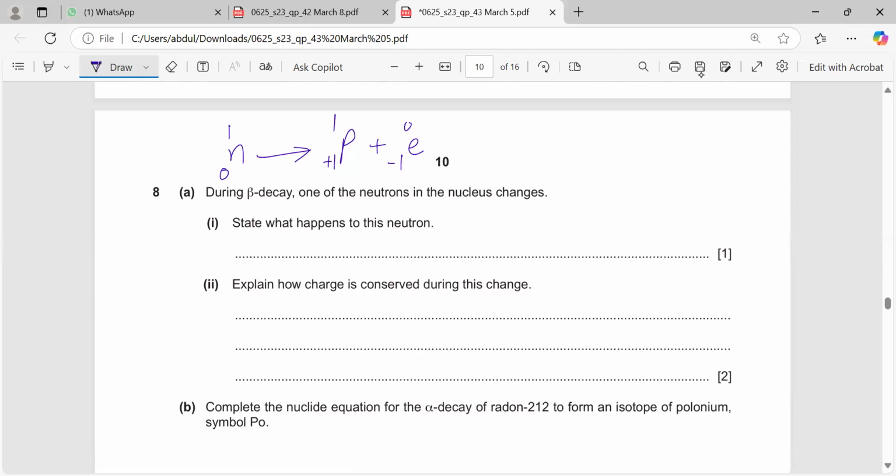So during beta decay, one of the neutrons in the nucleus changes. State what happens to this neutron. We will answer that this neutron is changed to one proton and one electron. So I'm going to write the same thing here, my dear friends.